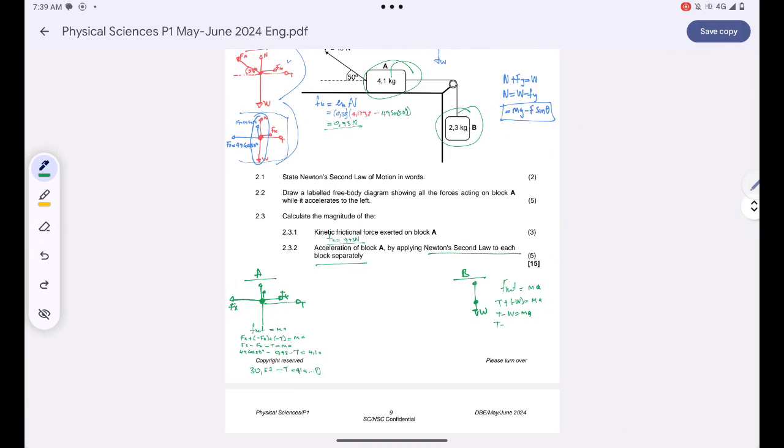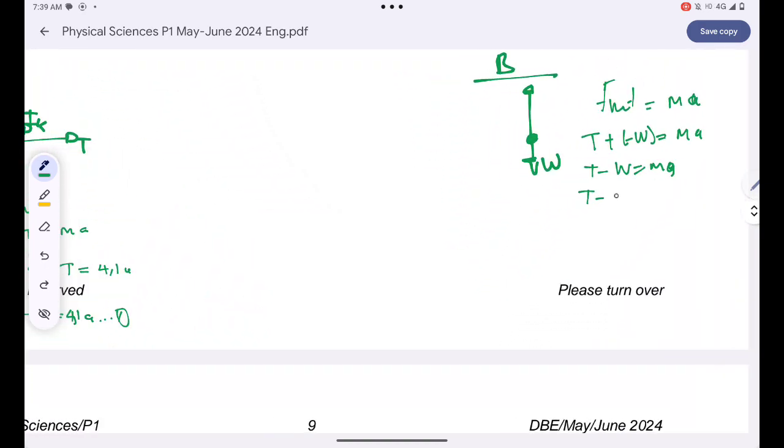The mass of that's 2.3. I'll say 2.3 multiplied by 9.8 is equal to 2.3 A. So 2.3 times 9.8, this will simply give me T minus 22.54 is equal to 2.3 A. And that's my second equation.